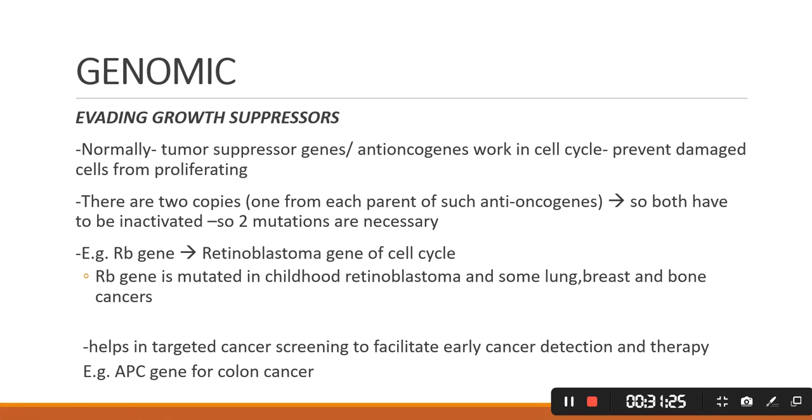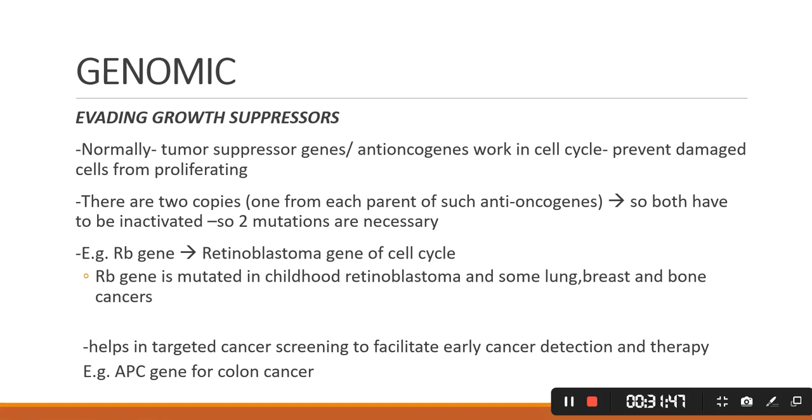Okay, we just did this in the cell cycle. Remember, we had those P53 and RB genes. Those were tumor suppressor genes. Now these genes are always acquired from both mother and father, and for them to stop working, both of them have to undergo mutations.